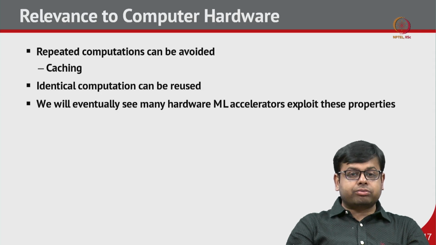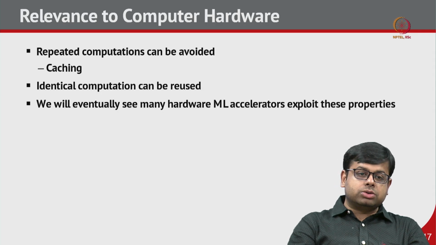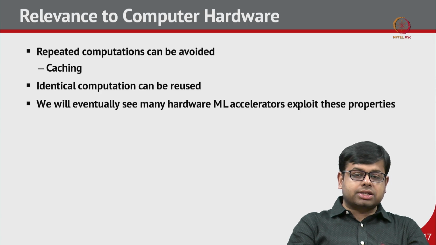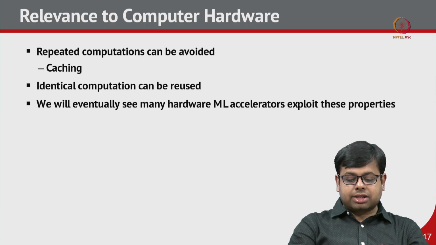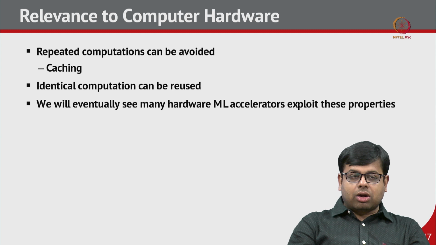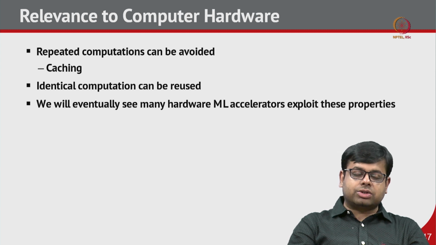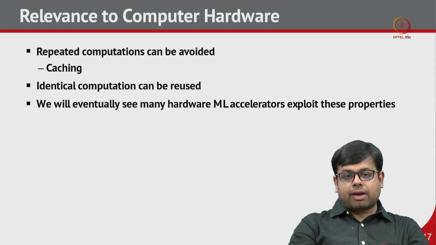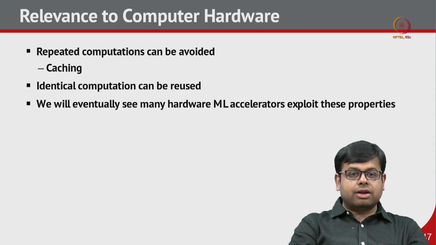So one way to minimize the computation is caching. We can store all the activations which were used in the forward pass, and then reuse them during the back propagation. So identical computations can be reused.